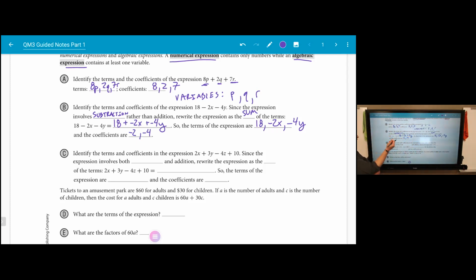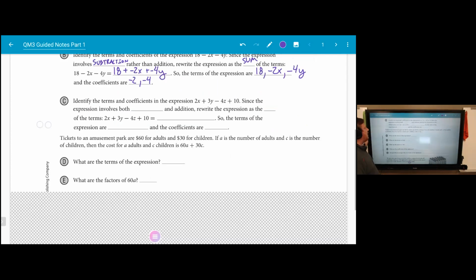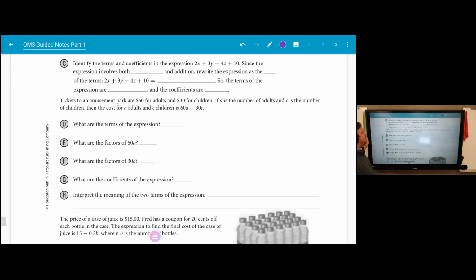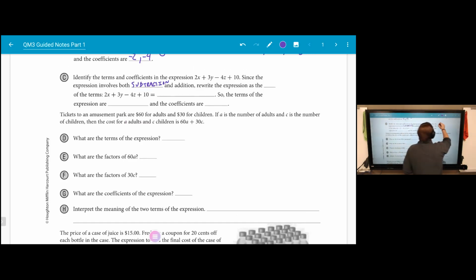All right. Now we got some combination work going on here. Identify the terms and coefficients in the expression 2x plus 3y minus 4z plus 10. We've got both subtraction and addition. Rewrite the expression as a sum. We're going to do addition again.